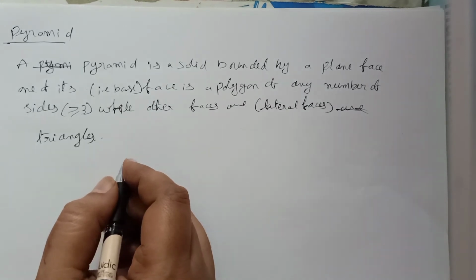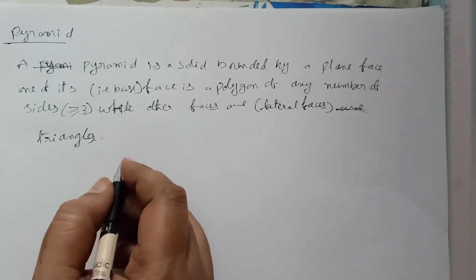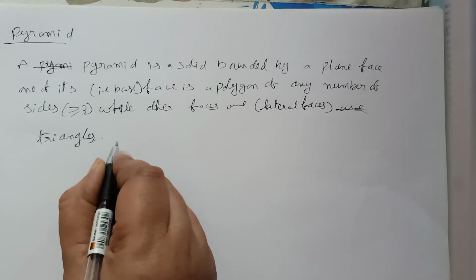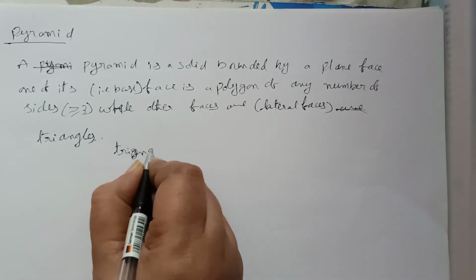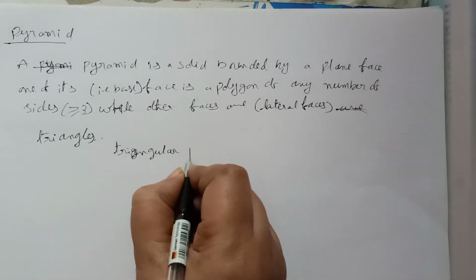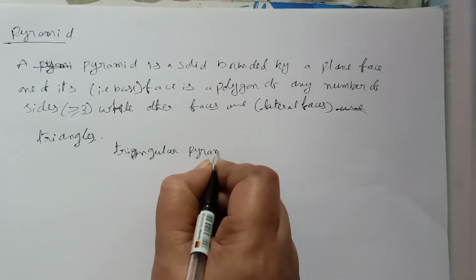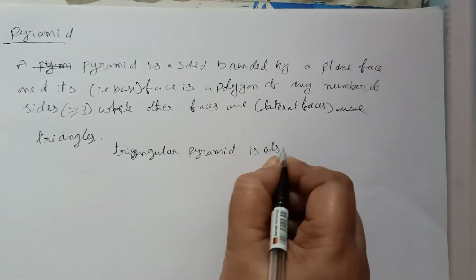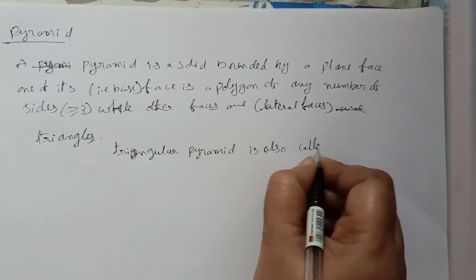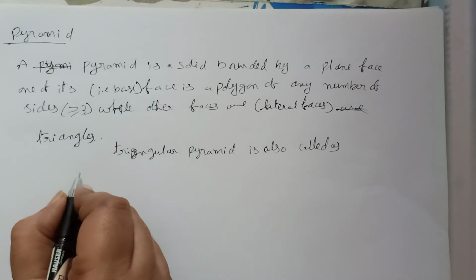A triangular pyramid is also called a tetrahedron.